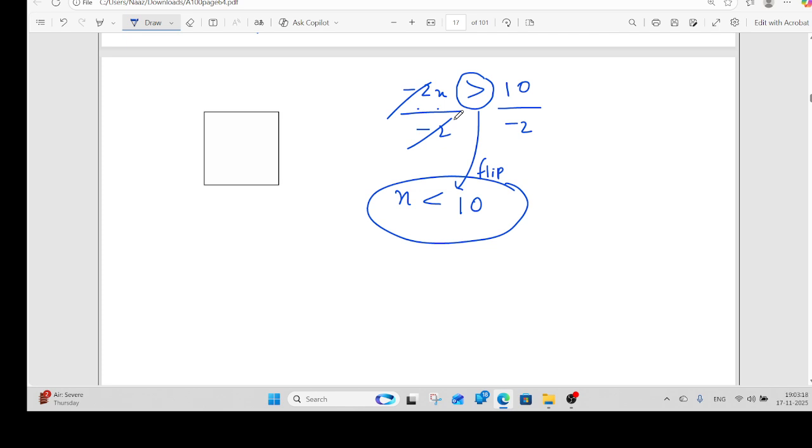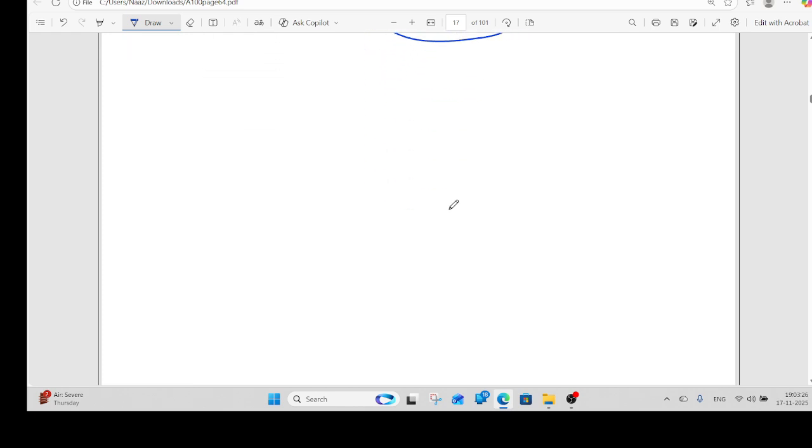Now let's see how we solve a system of linear inequalities and how we graph them. The word system implies that we are going to graph two or more linear inequalities. The solution to the system will be the area or region where the graphs of all linear inequalities in the system overlap.